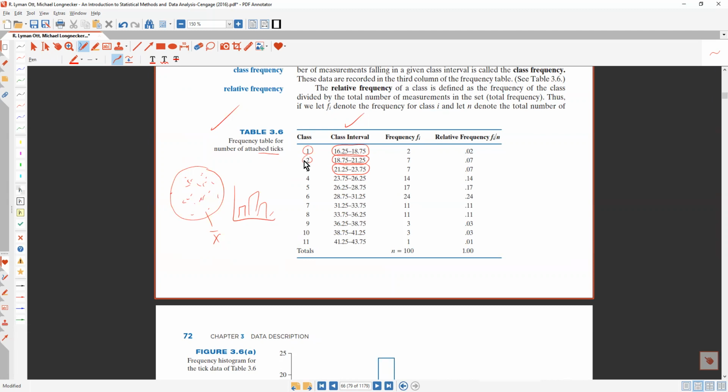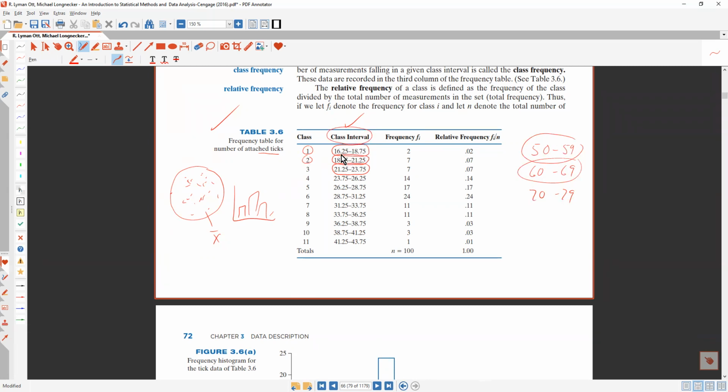So again, you can look at the example in the book, but for other examples, you can look at, say, grades, right? There could be a class interval for grade. So maybe 50 to 59, and then you have 60 to 69, 70 to 79, etc. Those are grade intervals, and that is what makes up the class interval.